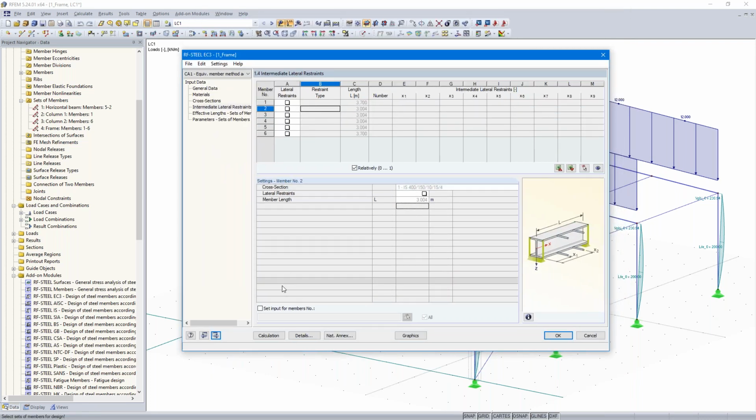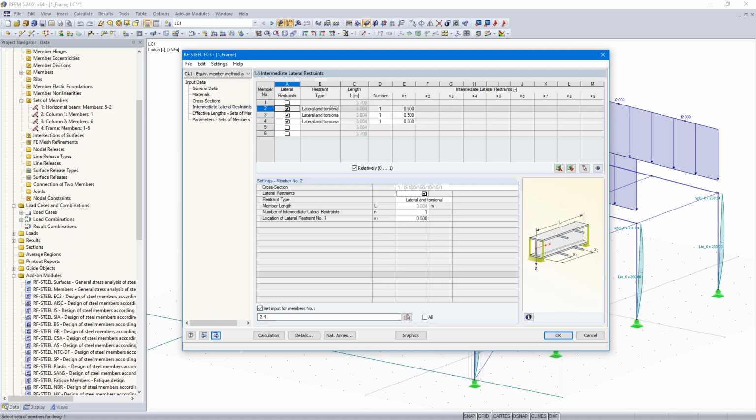Okay, to do that only one time, I check here set input for members number 2 to 4. And then I can select here the lateral restraint. 1.0 means at the end of the member.